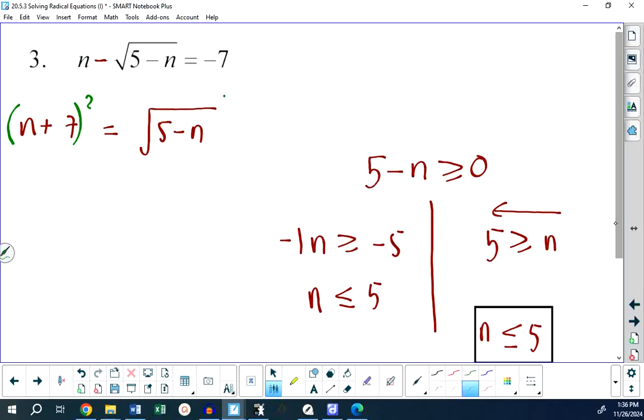And now I have to square both sides. When I square n plus 7, I get n squared plus 7n plus 7n plus 49. Right? Squaring a binomial means to multiply that binomial by itself. And then this is equal to 5 minus n.